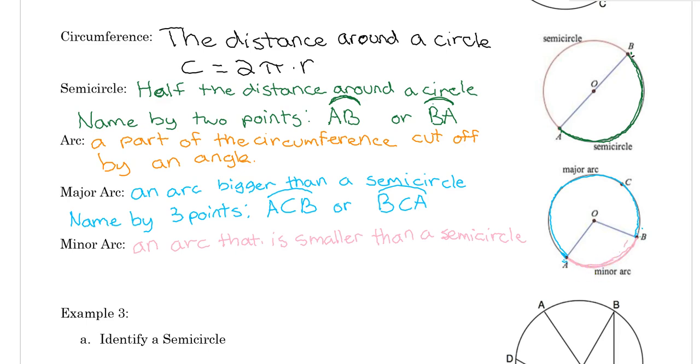And a minor arc is only named by 2 points. So I would call this arc AB, with a little arc mark, or, again, I can go backwards and call it BA. Okay? So those little rainbow marks go over all our arcs.